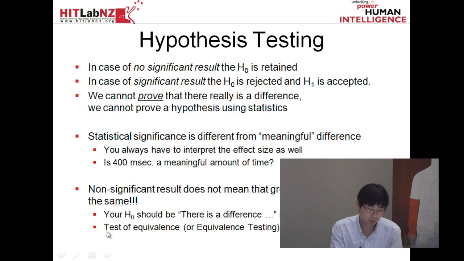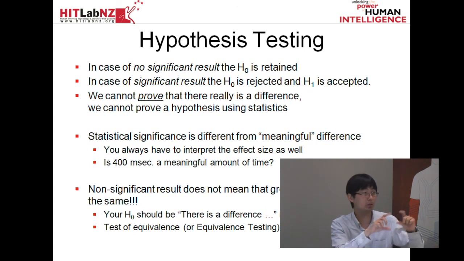And the other pitfall is, even if you didn't find a significant difference between the two groups, you cannot say they are equivalent. Saying equivalent is another thing. If you go back to setting the null hypothesis and the alternative hypothesis, you put the hypothesis that you want to support in the alternative hypothesis, and made the null hypothesis its opposite, and tested that null hypothesis using a statistics tool, right?